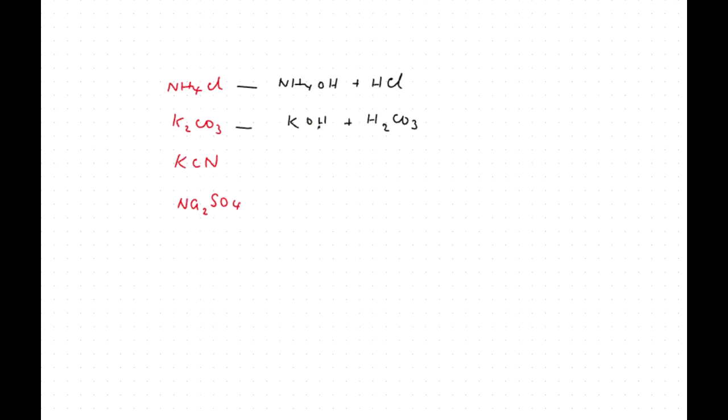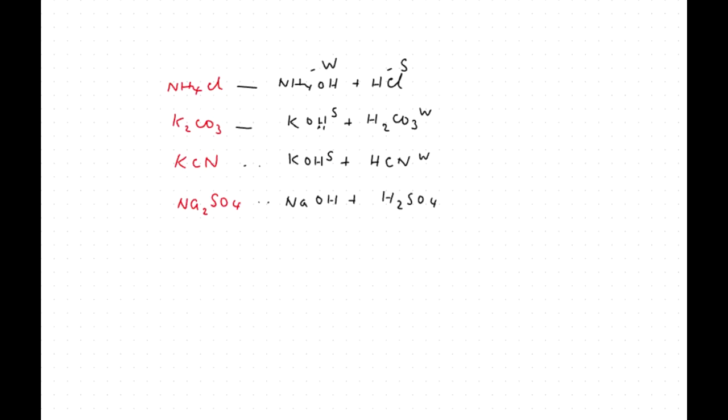Third one is potassium hydroxide plus HCN, hydrocyanic acid. And the fourth one is sodium hydroxide plus sulfuric acid. So if you take here, this is strong, this is weak. Here it is strong, it is weak. It is strong, it is weak.